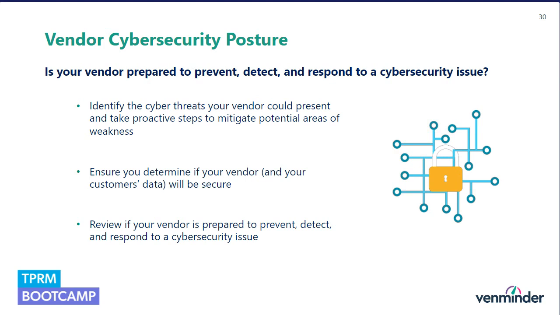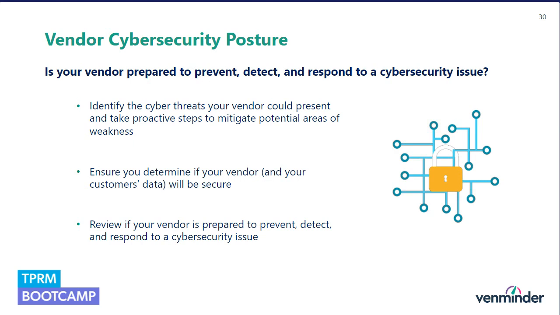To help identify whether your vendor's posture is appropriate, you first want to identify the cyber threats your vendor could present and take proactive steps to mitigate potential areas of weakness. To do this, you're going to perform risk assessments to determine those threats and vulnerabilities that your organization faces by using each vendor.